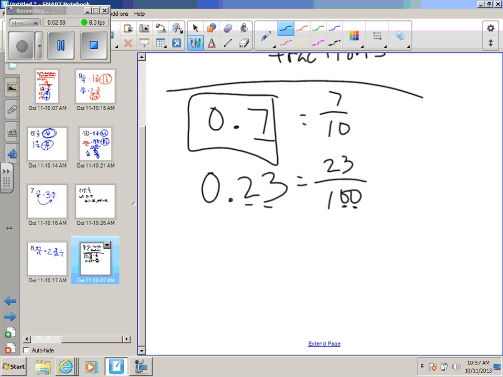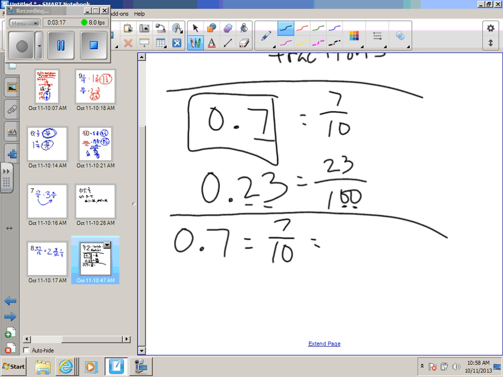If they ask you for, let's go back to this 7/10. If the directions say, give me 2 equivalent fractions for each decimal, well, one of them can be the 7/10. Can you give me another equivalent fraction to 7/10? Remember how we did that?